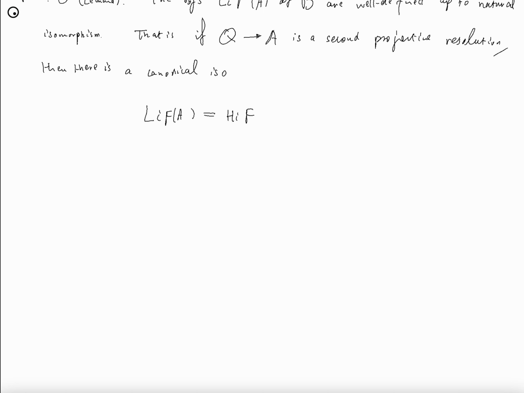So by definition, this L_i F, the left derived functor of F, evaluated on a given object A, is defined to be the ith homology of F of P, where P is a projective resolution of A. And this remark is telling you that if you have another different projective resolution, then it always gives you an isomorphism, a canonical isomorphism.